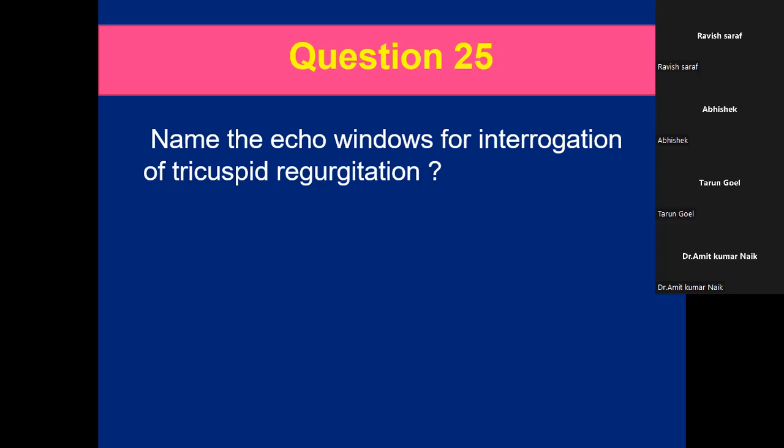No, it's wrong. You can try again. Sir, subcostal and right parasternal. There is no right parasternal window for tricuspid regurgitation.